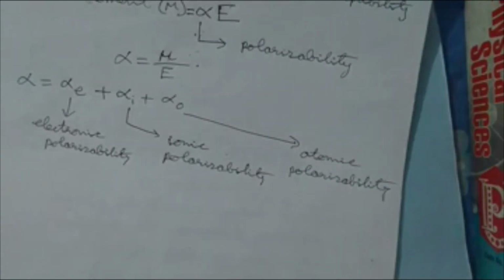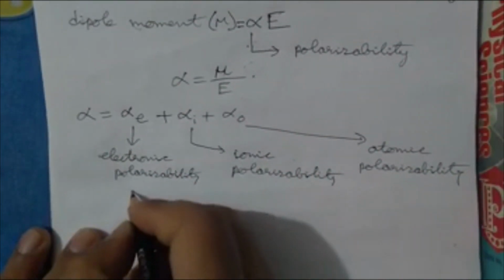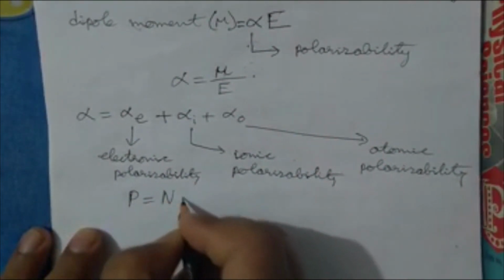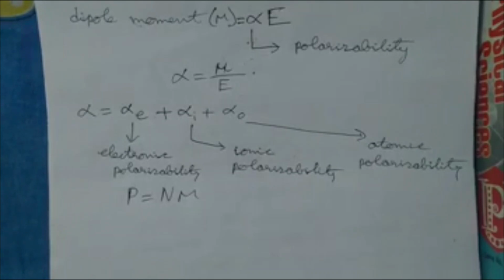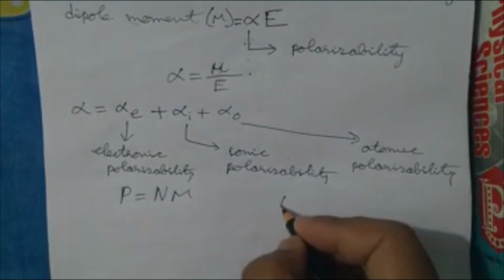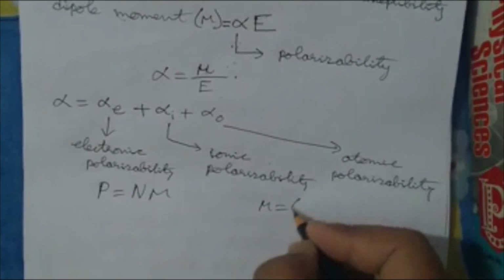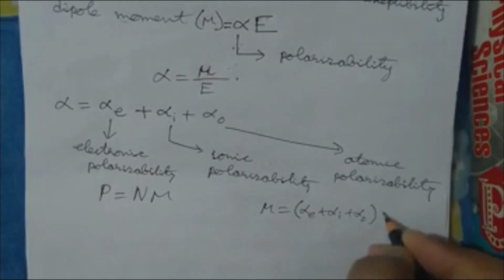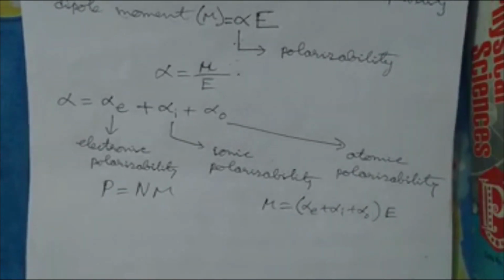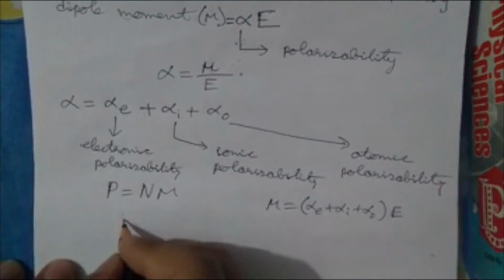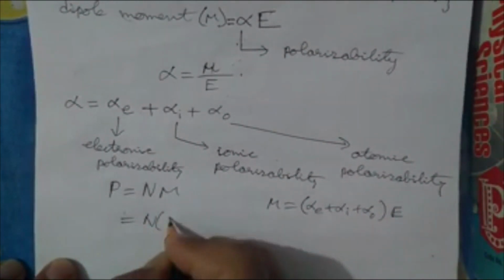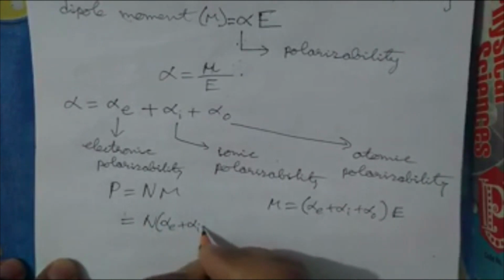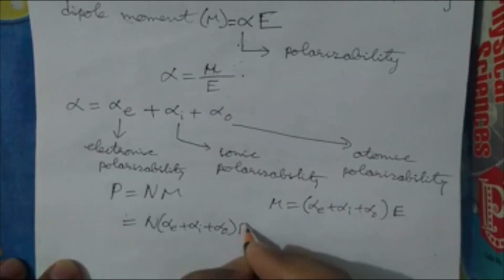Now from here you can write that P is equal to N into mu. Now mu is equal to alpha E, meaning alpha E plus alpha I plus alpha O into E. So P is equal to N into alpha E plus alpha I plus alpha O into E.